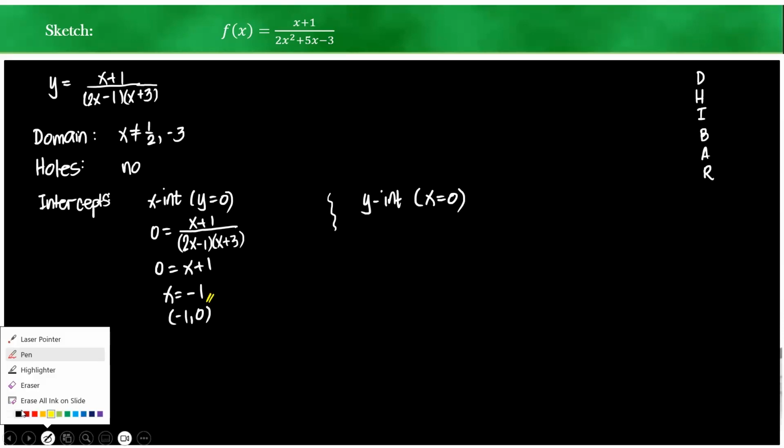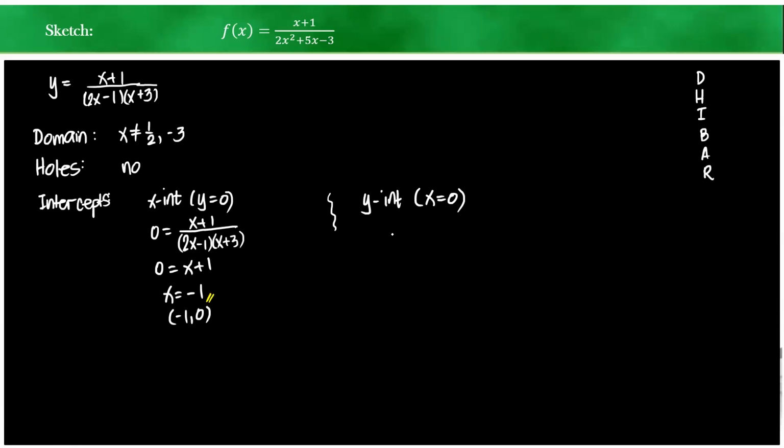Okay? Now, for the y-intercept, it happens when x equals 0. So, y equals 0 plus 1 over 0 minus 1 times 0 plus 3.